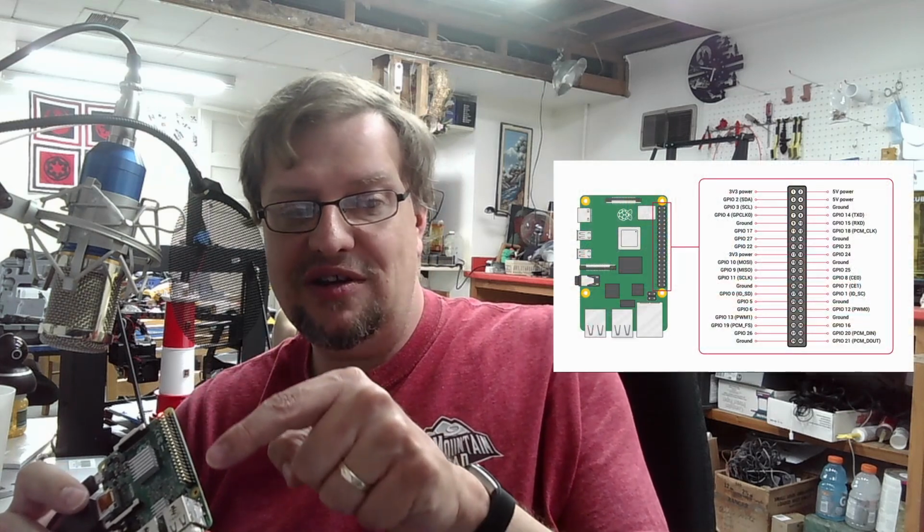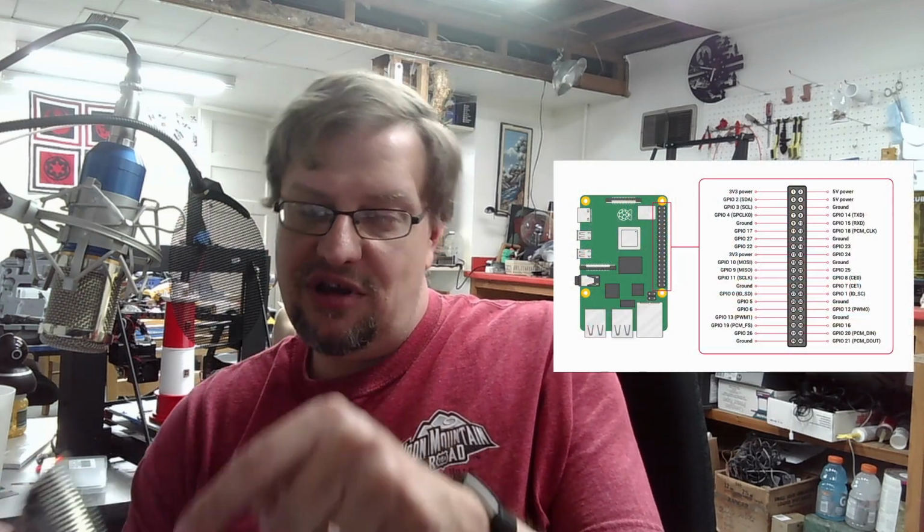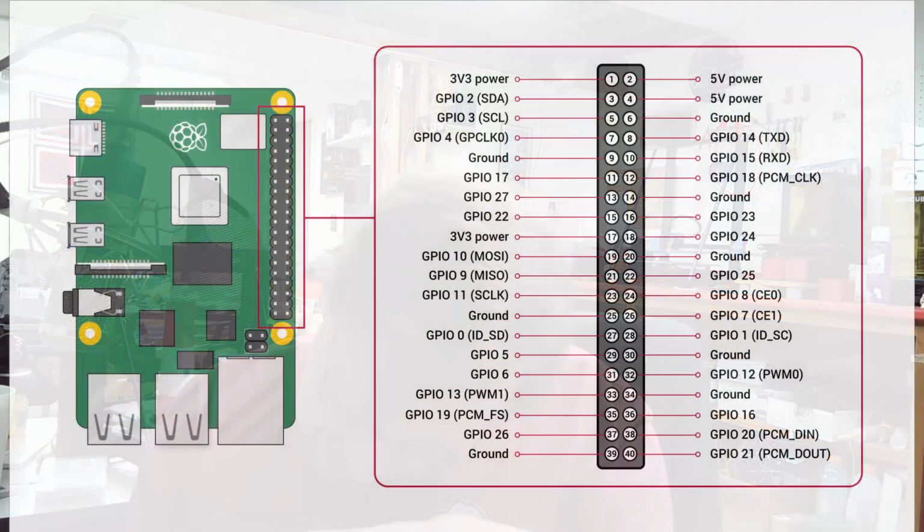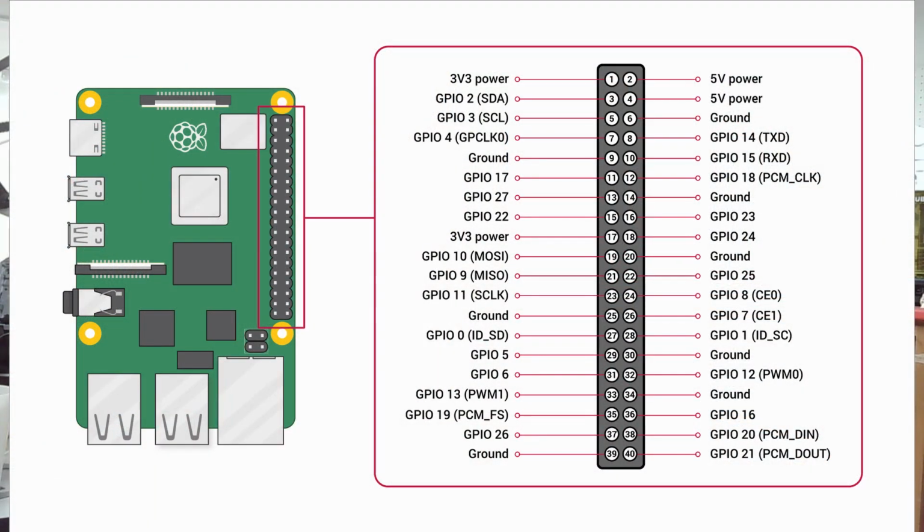There are so many things you can do with these guys. I mentioned like the game emulator, but also you'll notice these rows of pins here. These are called GPIO, I think. Let me make sure I'm getting that right. Yeah, GPIO, input output, and each pin does a various thing. And if you're really good at wiring, you can get the pin outs for this, the schematics, and you can write programs to interact with it.